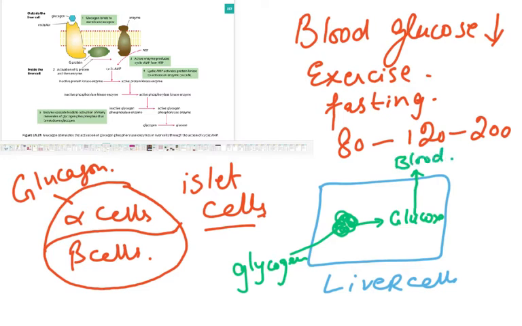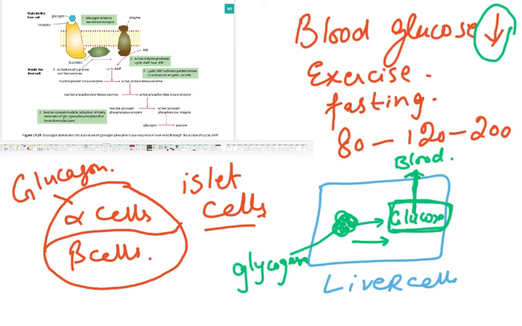So what is going to happen is that the blood glucose, which had decreased, is going to normalize, because this store which you had, and I always say this is that large currency note like a 5,000 rupee note, is going to be cashed, and you're going to have glucose molecules released into the blood. So the blood glucose will normalize, because glucose is your body fuel.